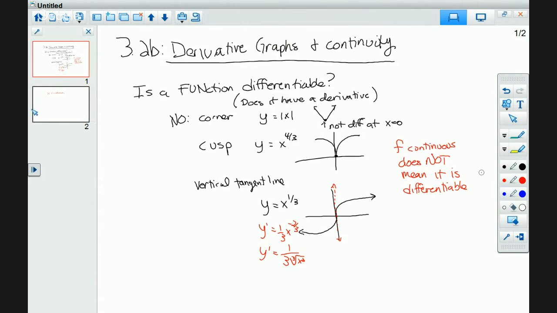If I give you a point discontinuity, any discontinuity really, let's go to jump discontinuity. Is that differentiable at this x value? No. So if it's not continuous, it's not differentiable, right?